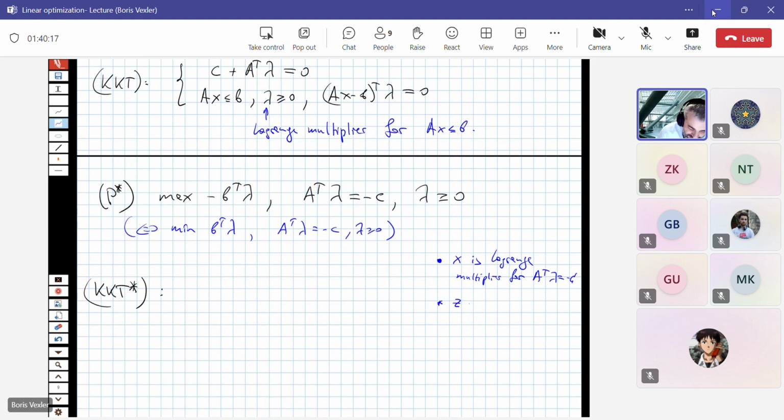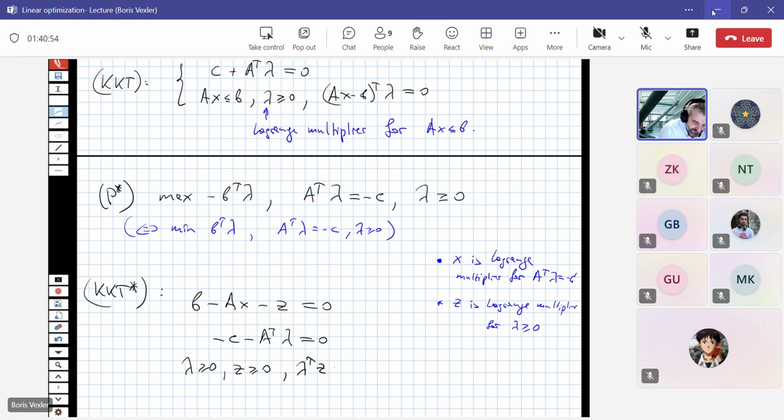And we call z the Lagrange multiplier for the inequality constraints lambda larger or equal than 0. If we write down our general KKT system, what comes out is b minus Ax minus z is equal to 0, minus c minus A transpose lambda is equal to 0, and complementarity conditions: lambda larger equal than 0, z larger equal than 0, lambda transpose z is equal to 0. Okay. This is the KKT star.